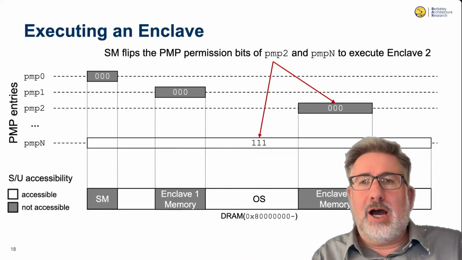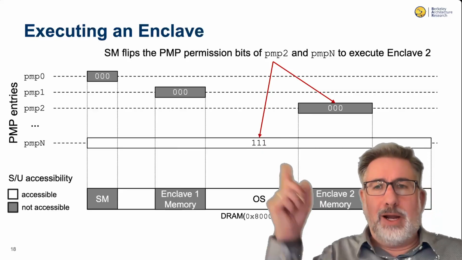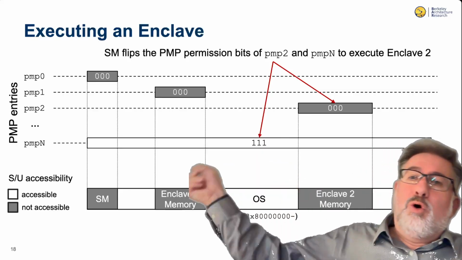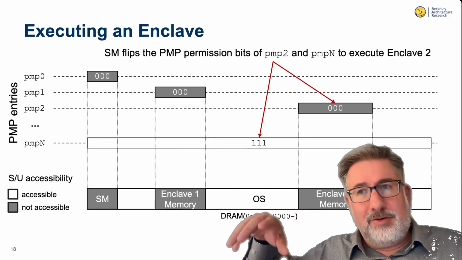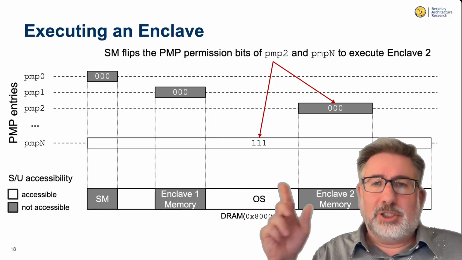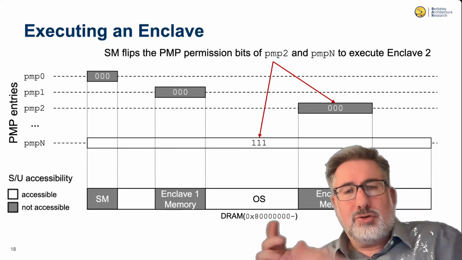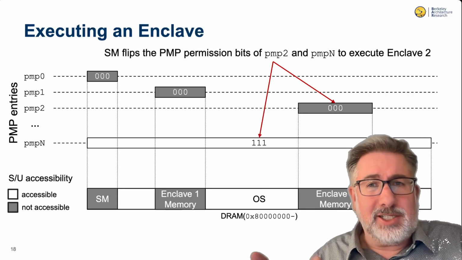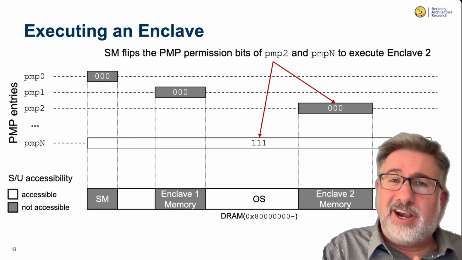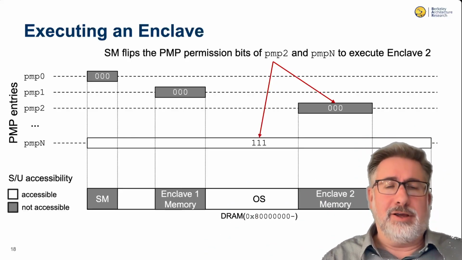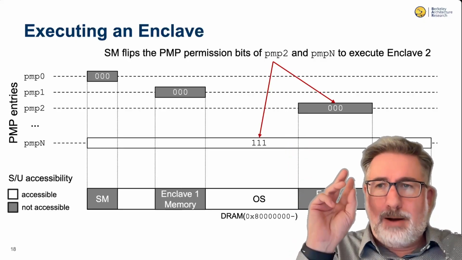So if I'm running in the operating system right now, I'm in the OS, I'm running around, I can't access Enclave 1 or Enclave 2 or the secure memory because they're blocked from me by these physical memory registers. If I want to shift control, do a context switch into a process that's going to run in an enclave, I'm going to give access to a user system that's going to run in an enclave, then I swap.